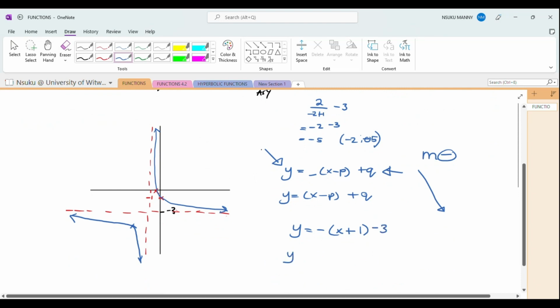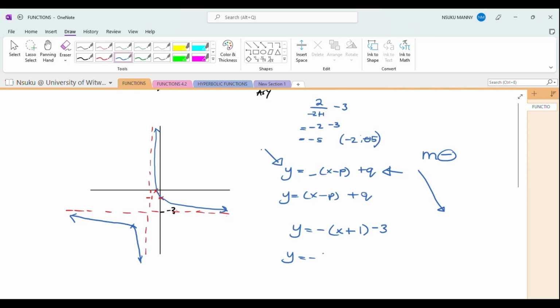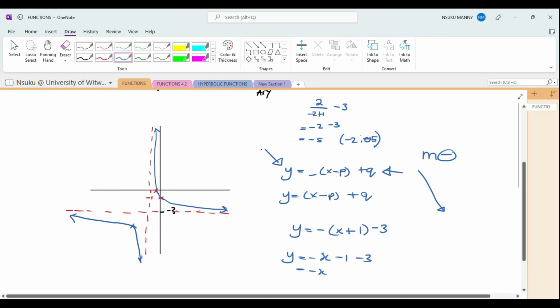So our equation will be this: negative x minus 1 minus 3, which is obviously negative x minus 4. So that is the equation of your decreasing function, the decreasing function of axis of symmetry, basically.